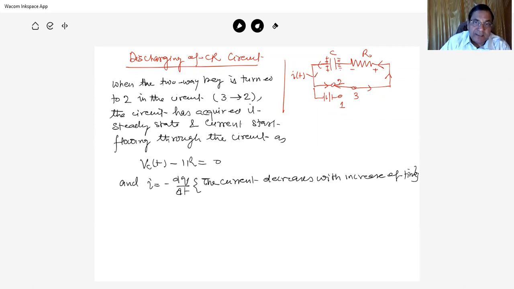So this is equation 1, here it is equation 2. So VC(t) is equal to IR.